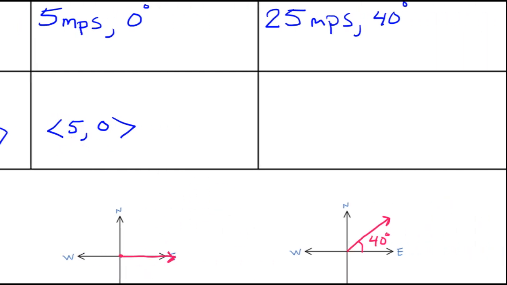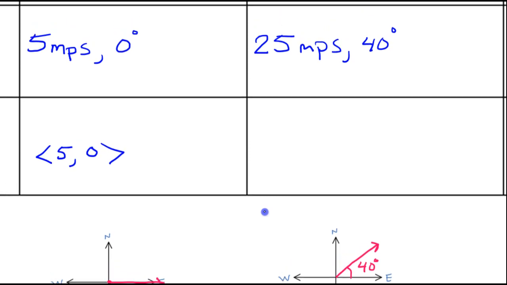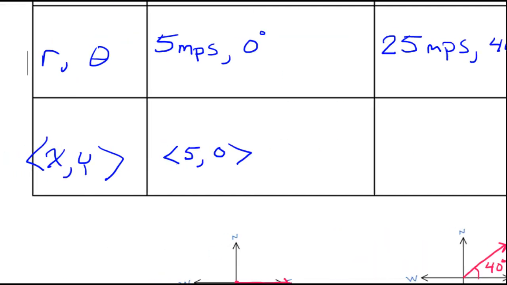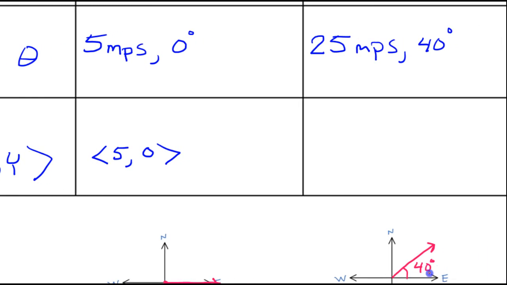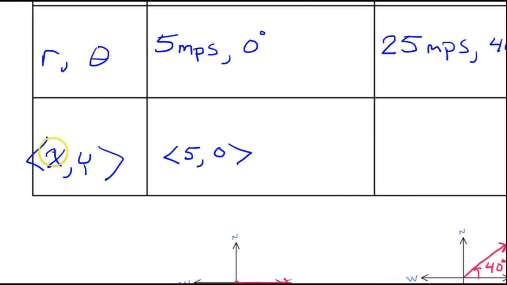Now, on the other hand, with this 40 degrees, I need another way of converting this into component form. And here's how. We're going to use a little formula. If I know the magnitude r and the direction theta that's being measured from the positive x-axis, I can find the horizontal component by doing r cosine theta, and the vertical component by doing r sine theta.